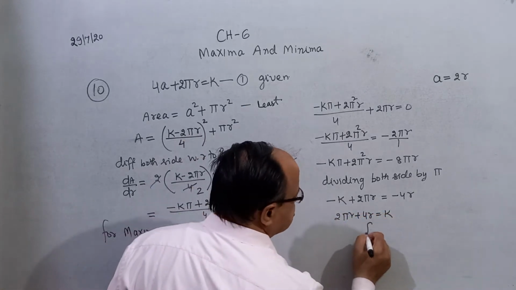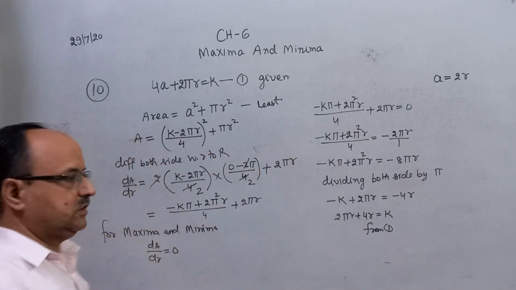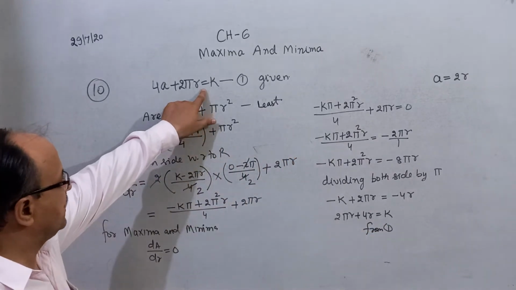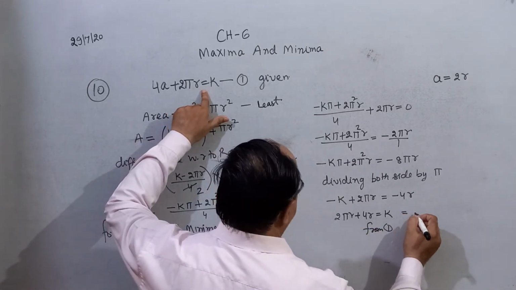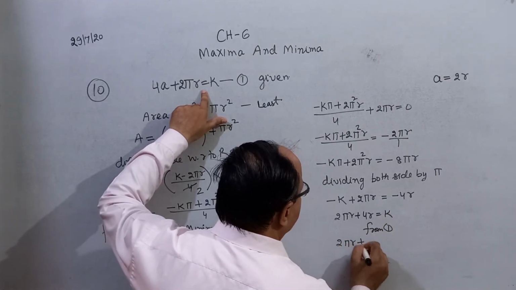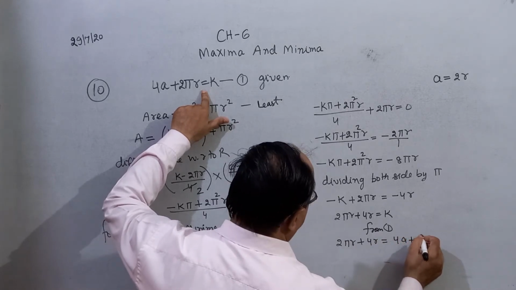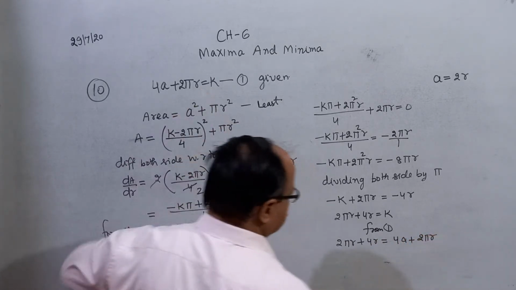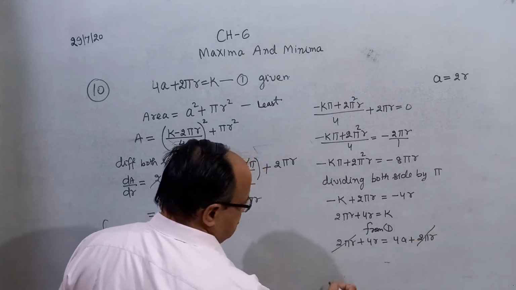Now from the first equation, put the value of k. What is the value of k? That is 2 pi r plus 4r is equal to 4a plus 2 pi r. You know that 2 pi r and 2 pi r cancel.